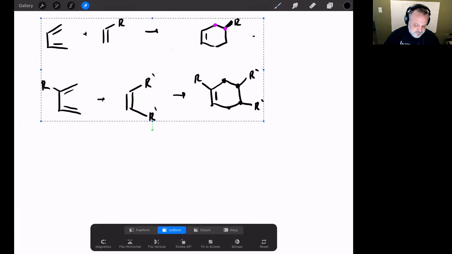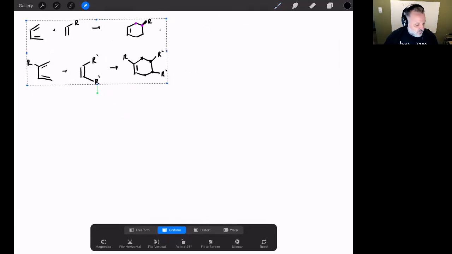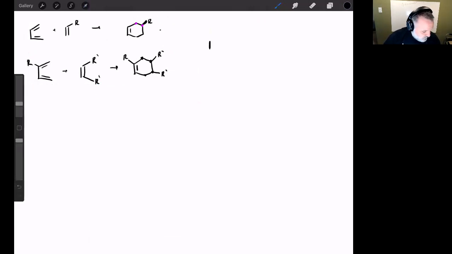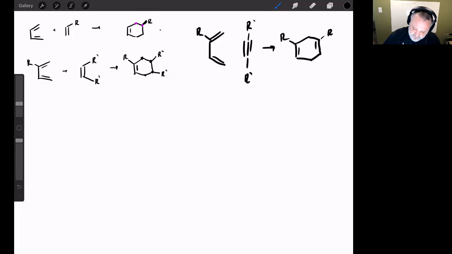Okay, let's take a look at another situation. If it's an alkyne, we get pretty much the same thing going on as long as there's symmetry in the alkyne. The connectivity will be the same. The difference comes in when there's a lack of symmetry in both molecules.